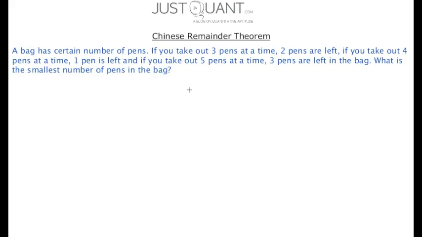If x is the number of pens in the bag, then we can express this problem in the form of congruences as x is congruent to 2 mod 3. That is, when 3 pens are taken at a time, then 2 pens are left in the bag, and when 4 pens are taken at a time, then 1 pen is left in the bag, and when 5 pens are taken at a time, 3 pens are left in the bag.